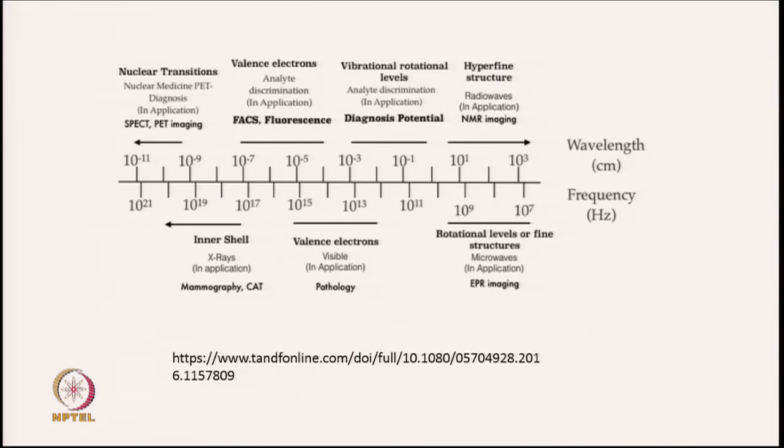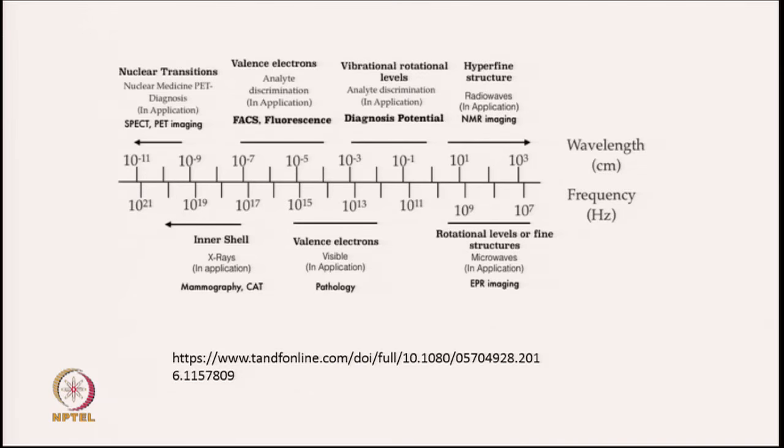So, nuclear transition is used for SPECT and PET imaging. Fluorescence is used for analyte discrimination. Vibrational rotational spectra are used for analyte discrimination, which has potential in diagnostics.